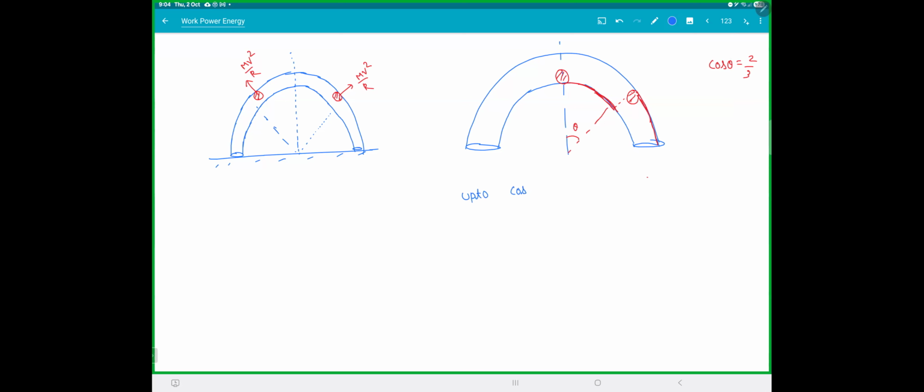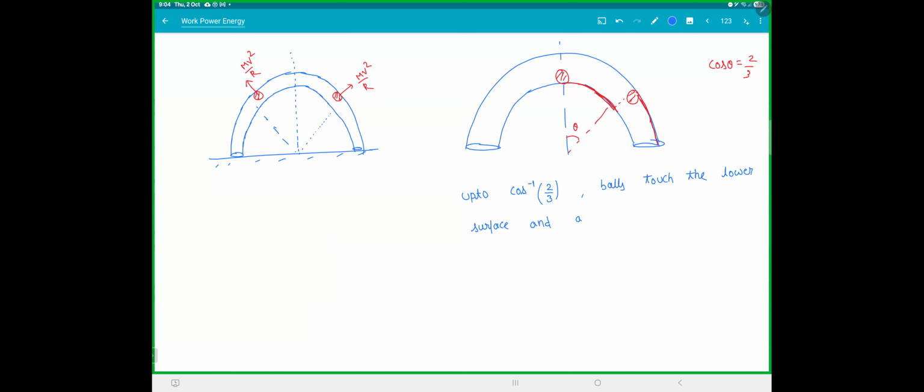So up to cos inverse 2 by 3, the balls touch the lower surface. And after theta, they touch the upper surface. Think about it. In the hemisphere problem, what happened with the ball? The ball lost contact, isn't it? But now if you have a cover on the top, what will happen? You'll go and hit that cover on the top.